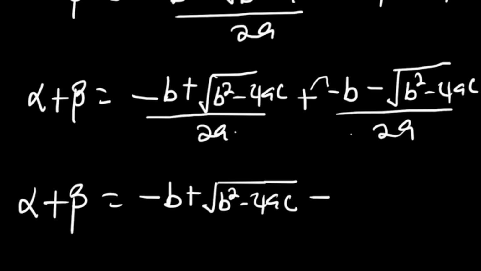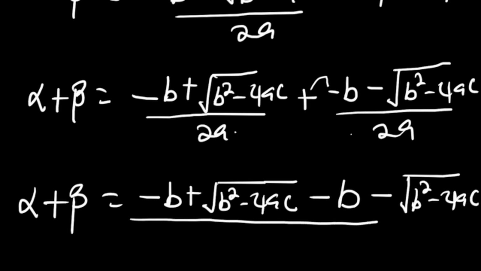So we can just write a minus instead of writing plus and then a negative again. I hope you understand. So here we now have minus b, then minus the square root of b squared minus 4ac, all over the common denominator, which is 2a.